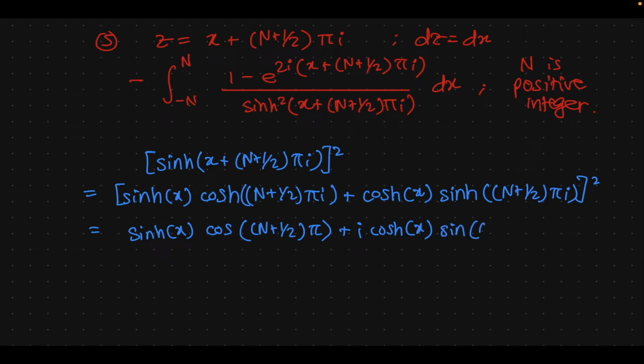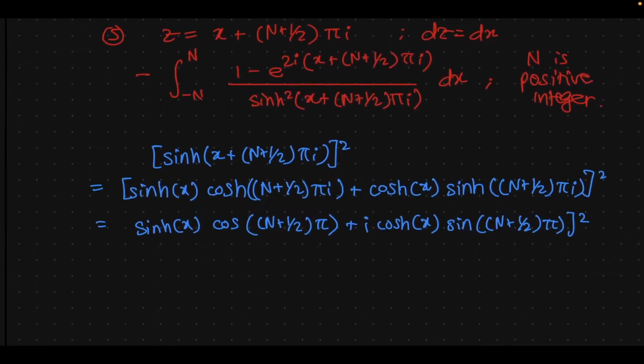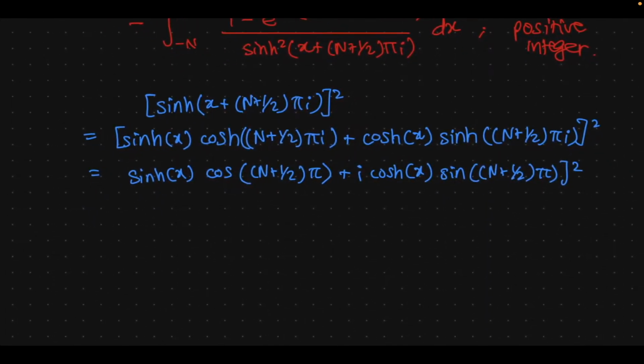Sine of (n plus 1/2) pi, everything squared. Well, n is a positive integer. Cosine of any integer plus 1/2 times pi is going to be 0. I hope you know this basic trigonometric fact.